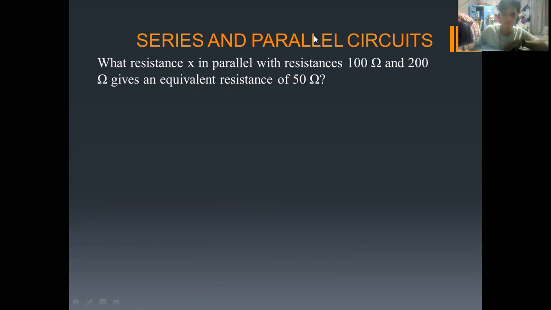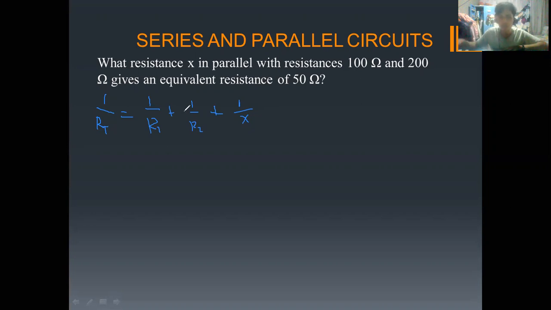Then, ang formula natin sa resistance, 1 over R sub total is equal to 1 over R sub 1 plus 1 over R sub 2. Dalawa lang naman yung resistance natin, so i-add na lang natin tong 1 over X. Dito, yung hinahanap na resistance is X.